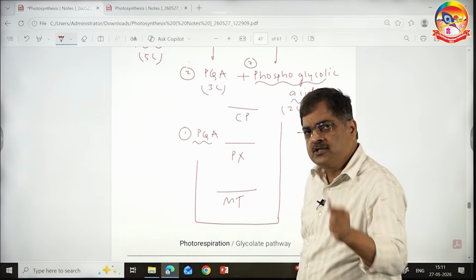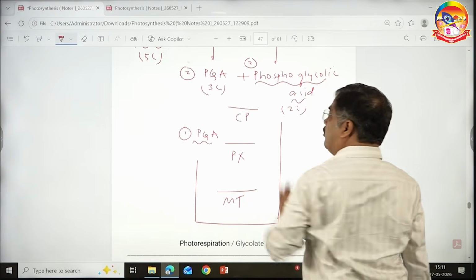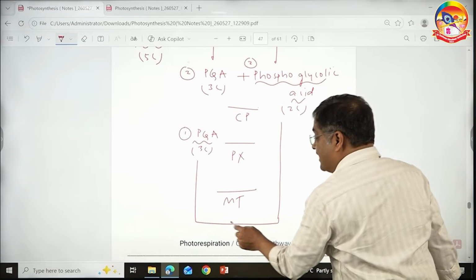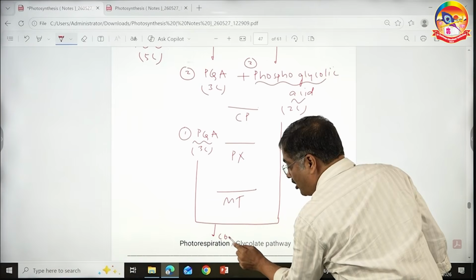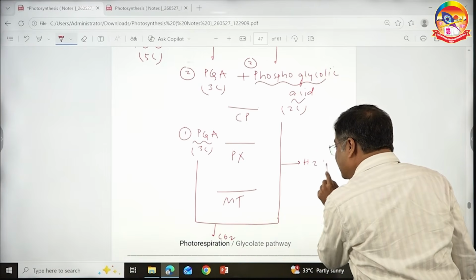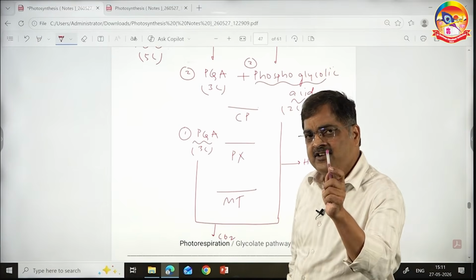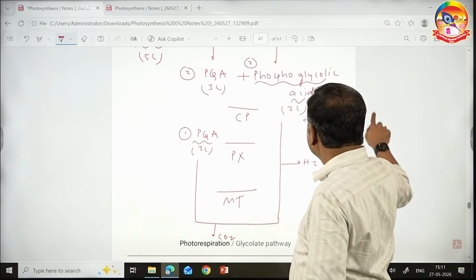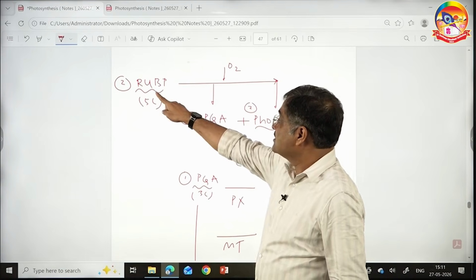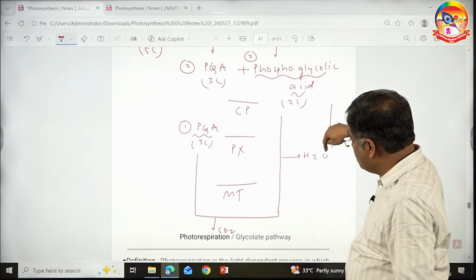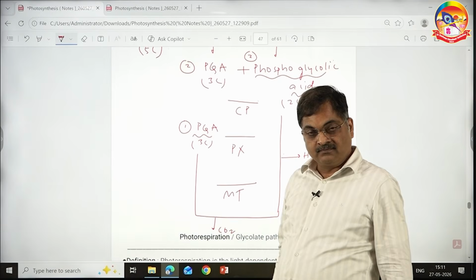Now let us count. Small 2 to the 4. This is phosphoglyceric acid 3. Means there is a loss of carbon dioxide. There is also a loss of water. Just like in respiration, substrate plus oxygen produce water and CO2.